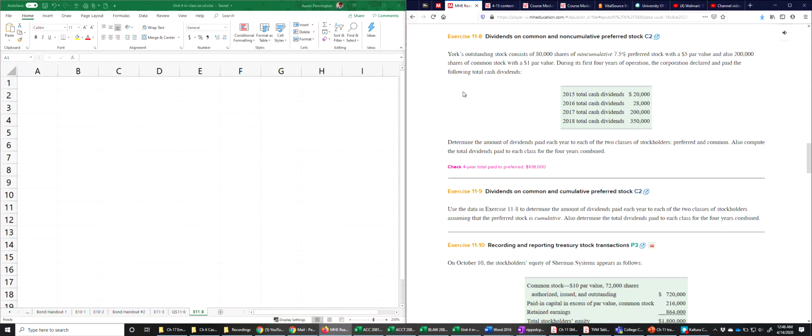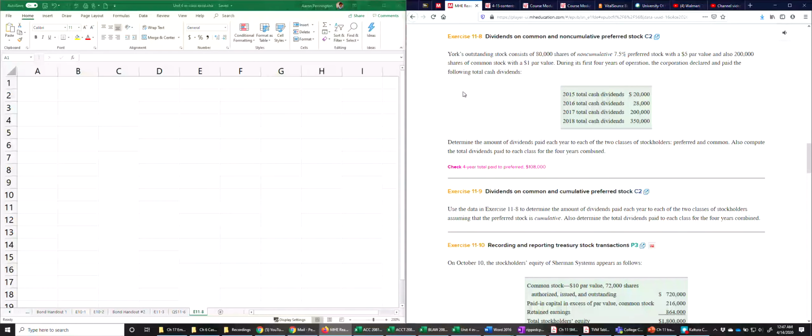During its first 4 years of operations, the corporation declared and paid the following total cash dividends. It gives you dividend activity year by year. Determine the amount of dividends paid each year to the two classes of stockholders, preferred and common. Also compute total dividends paid to each class for the 4 years combined.